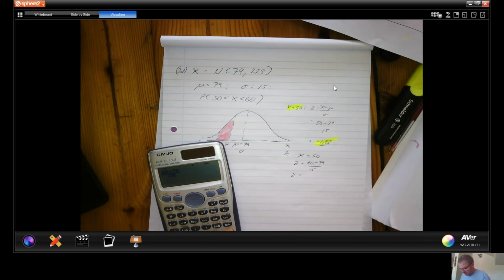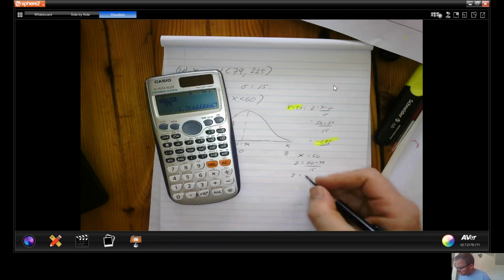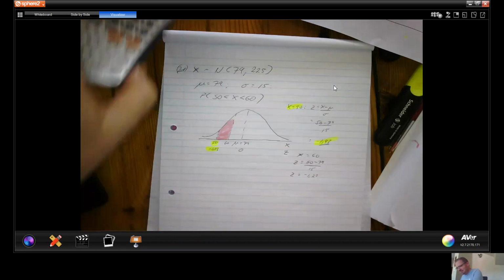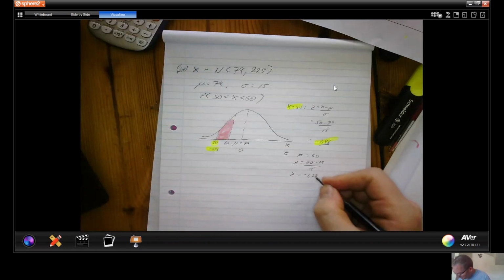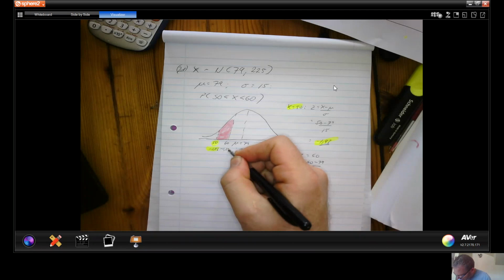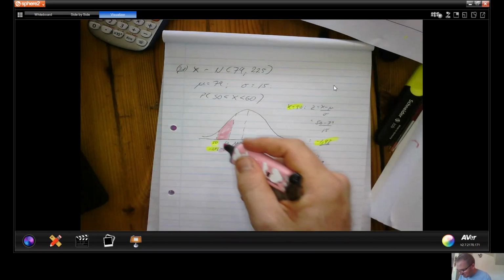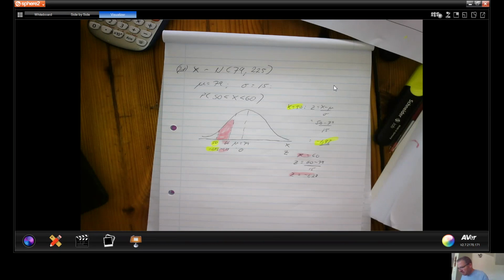I'm doing so well, sir, because I've had my tablets. And Z is equal to negative 1,23. Morgan, done. Okay, negative 1,23 is your Z score over there. So Z is negative 1,23 when X is 60.